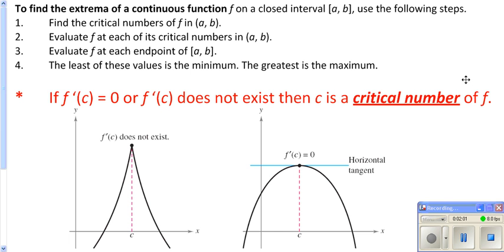Now, to find your extrema on a continuous function on a closed interval, you want to find your critical numbers. Your critical numbers or critical points are down here in red where your derivative is 0 or your derivative does not exist, meaning it's undefined.